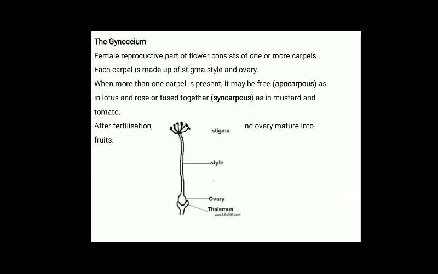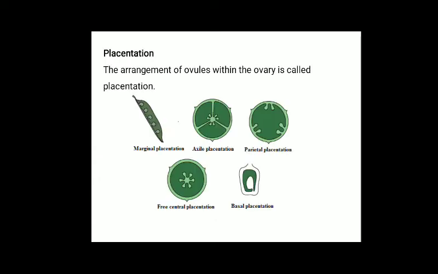Next we have gynoecium. Gynoecium is the female part of the flower which consists of stigma, style and ovary, and the ovary is arranged on the thalamus. Stigma is the receiving part of the gynoecium, whereas within the ovary ovules are present, and this is the region where fertilization occurs. Then placentation.